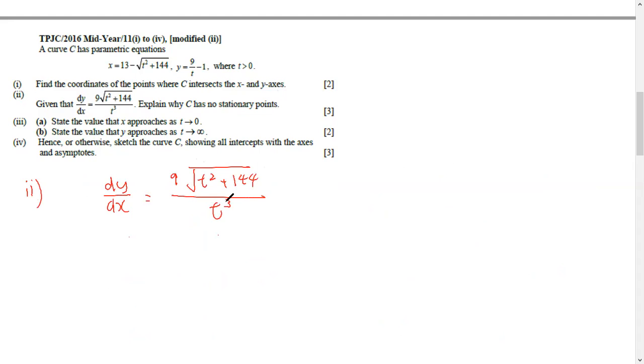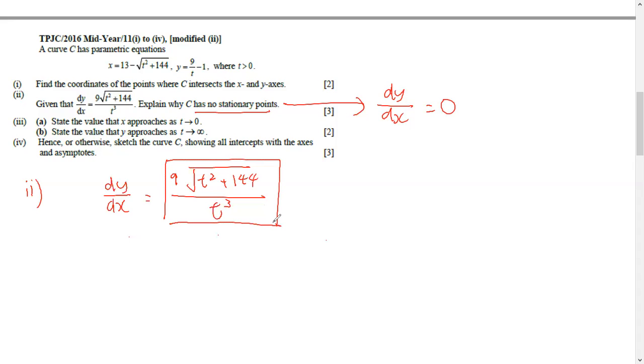You must know the condition for a stationary point: dy/dx must be equal to 0. This question involves logical interpretation of the equation itself. So the question is, can this be equal to 0, given that t is more than 0?